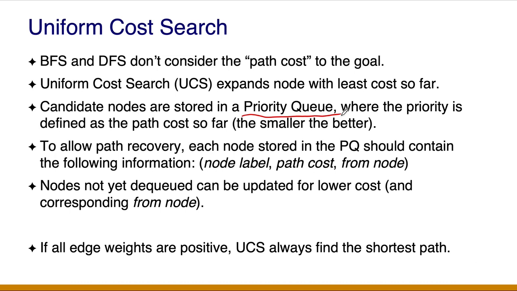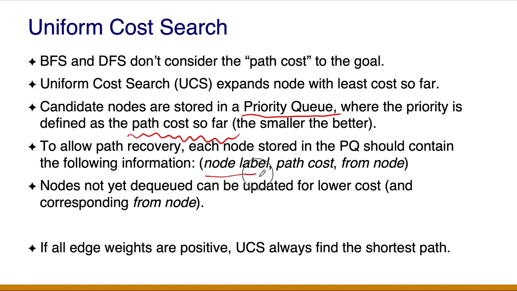So the priority queue is built on top of the past costs that you have experienced so far, right? So basically the priority is established to be the smaller the better, because we are looking at the cost. And of course, because this particular graph now contains more information, we will need to store more information in the priority queue.